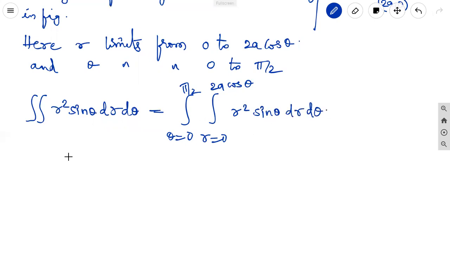Now we integrate. The first integral is with respect to r.